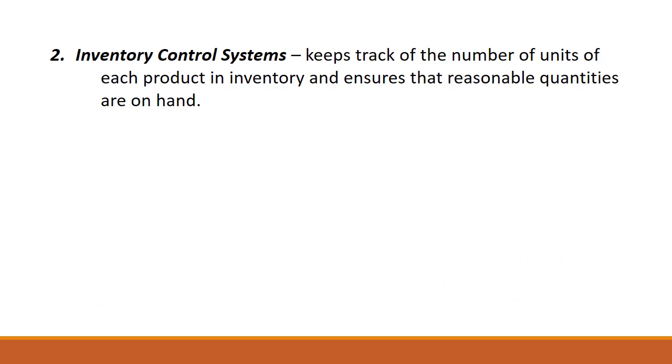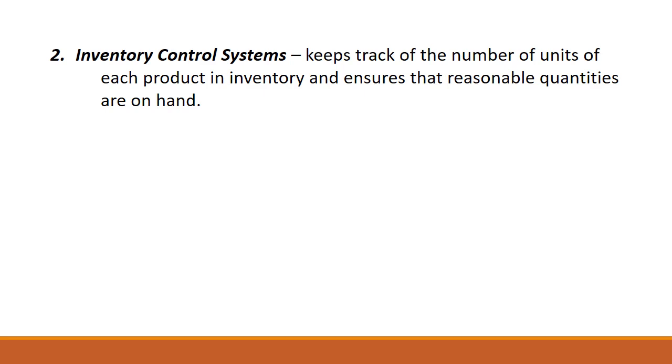The second function performed by transaction processing systems is inventory control systems. The units of product that a company has in stock to use or sell at a given moment make up its inventory. An inventory control system keeps track of the number of units of each product in inventory and ensures that reasonable quantities are on hand.